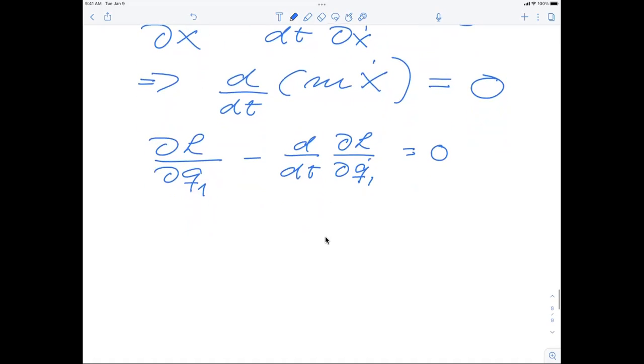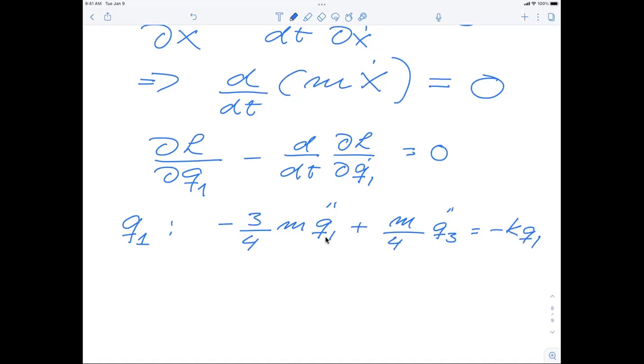If I take the equations for q1 and now take the Lagrangian, I'm going to get an equation which says minus 3/4 of m times q1 double dot, the acceleration for this variable, plus m/4 times q3 double dot, and that's equal to minus k times q1.